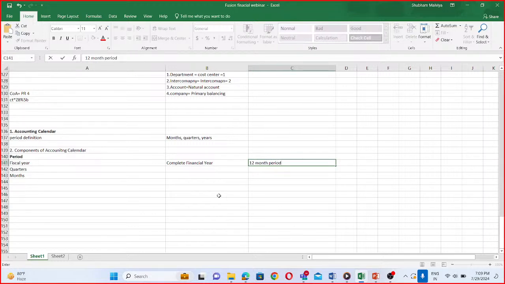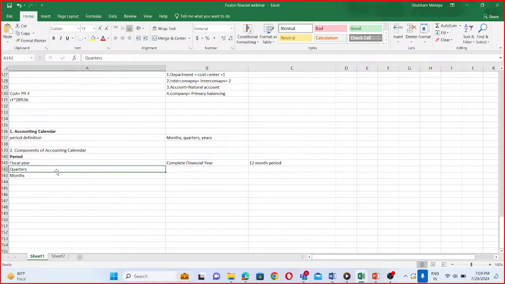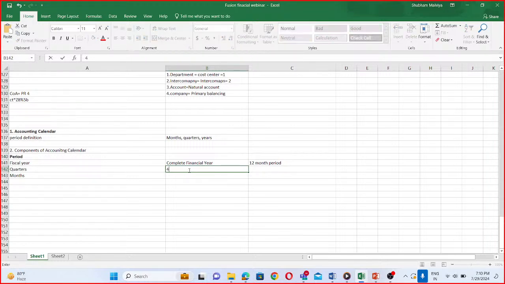It's an important concept, that is why we are discussing it. Second comes the quarter. In the quarter, the fiscal year is often divided into 4 quarters, each consisting of 3 months.